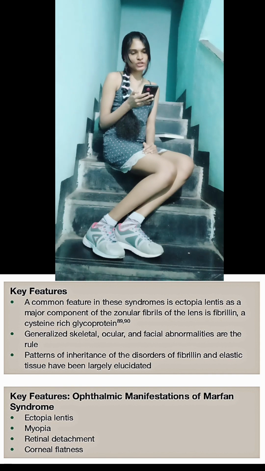Generalized skeletal, ocular, and facial abnormalities are the rule. Patterns of inheritance of the disorders of fibrillin and elastic tissue have been largely elucidated. Key features: ophthalmic manifestations of Marfan syndrome: ectopia lentis, myopia, retinal detachment, corneal flatness.